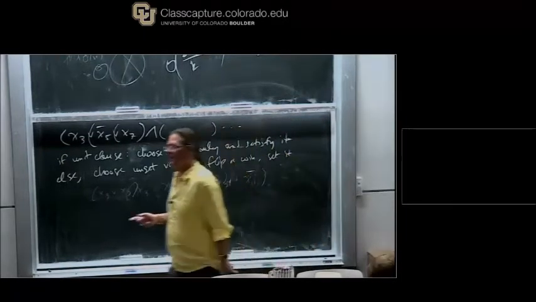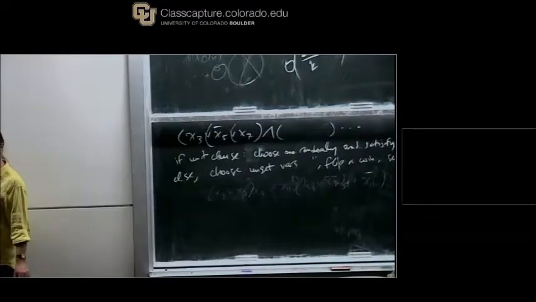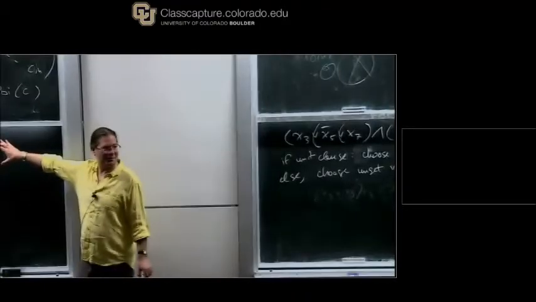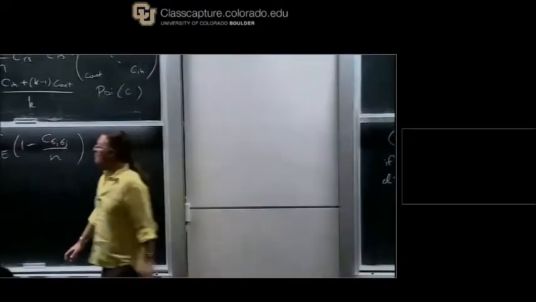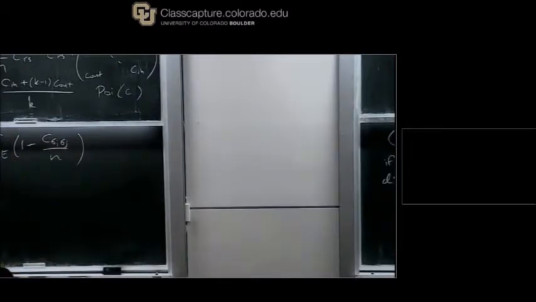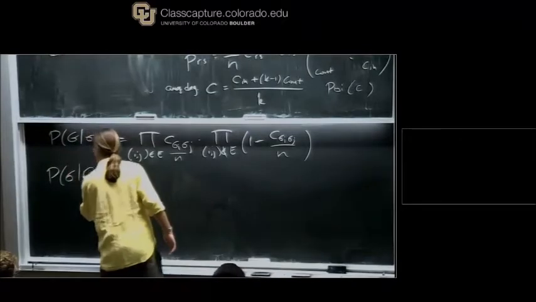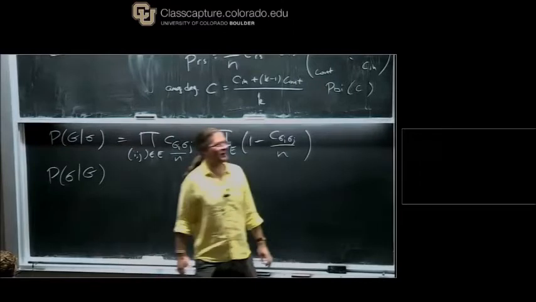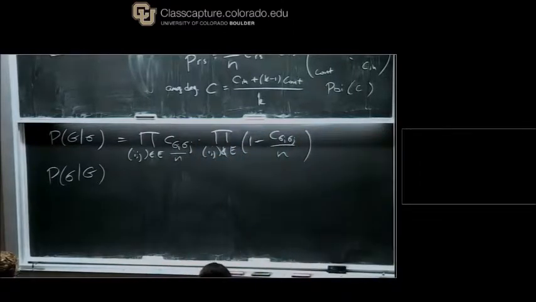So this is the probability of the graph given the configuration. But what we're interested in is the probability of the configuration given the graph, because we're trying to invert this process. For simplicity, I've chosen all configurations to be equally likely a priori.